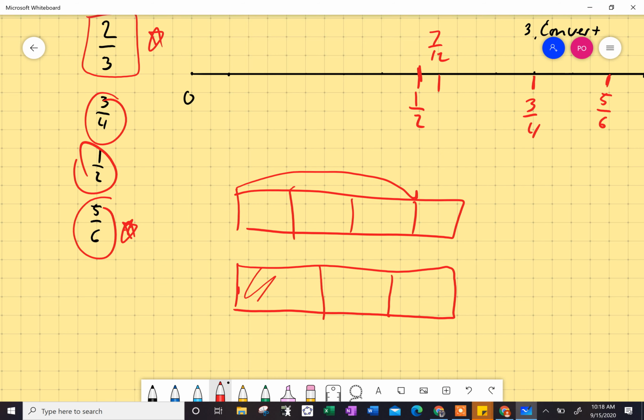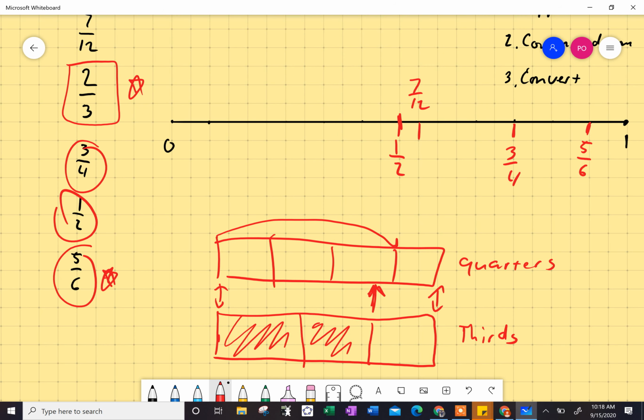And so 2/3, if you'll notice, these 2 boxes are the same size, except this one I broke up into quarters, and this one I broke up into thirds. So you can see 2/3 is between there and there. So I'm going to say maybe here.